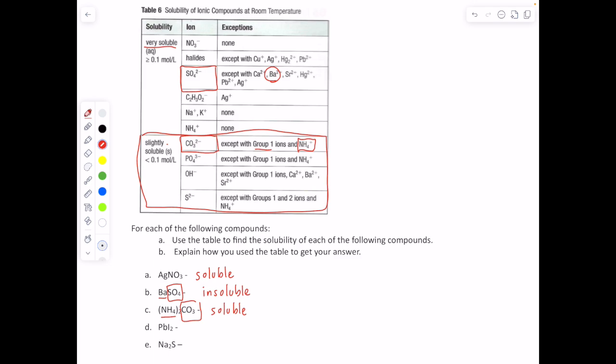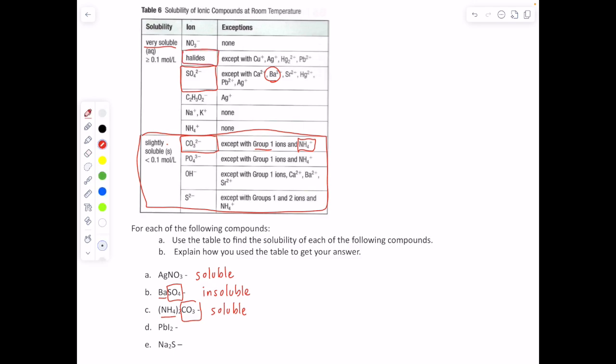Next we have lead iodide. Lead iodide is insoluble because it doesn't contain any of the very soluble halides.